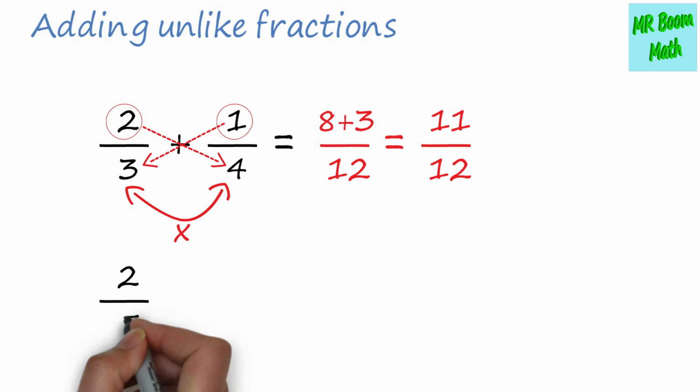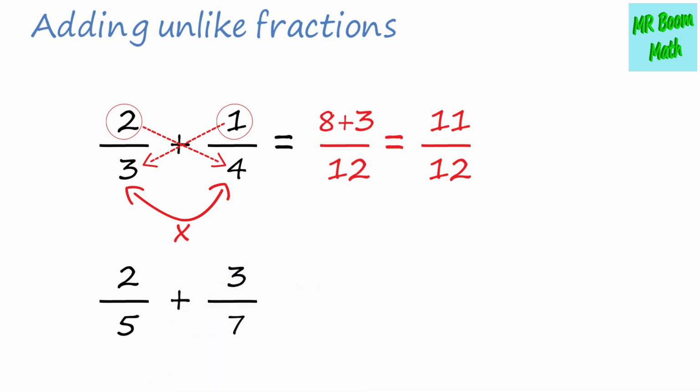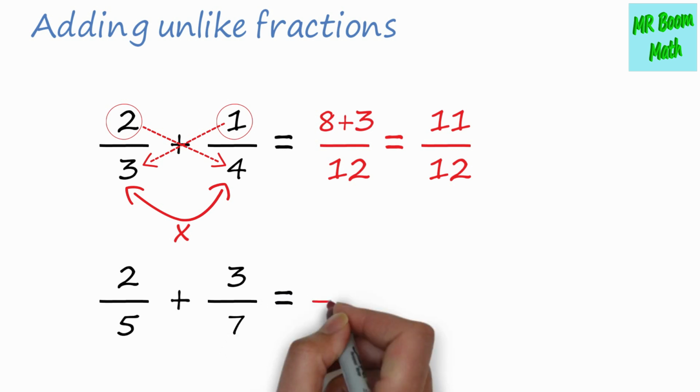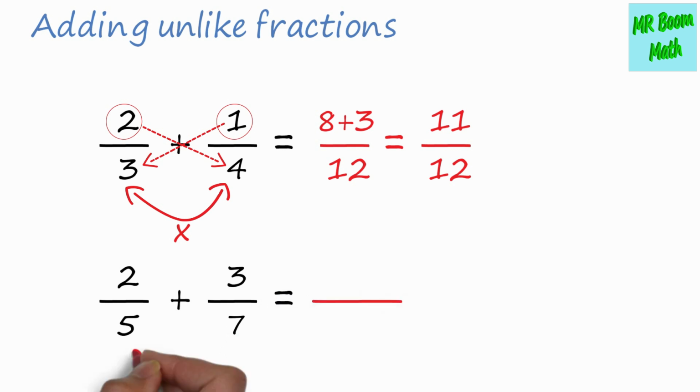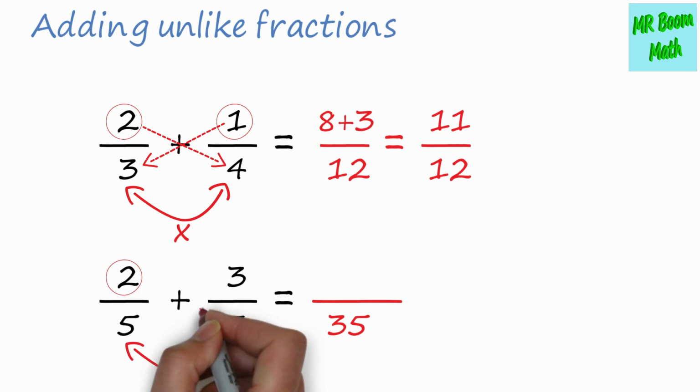Second example, 2 over 5 plus 3 over 7. Notice the bottom numbers are different. So the first thing we will do is multiply the bottom, 5 times 7. That gives you 35. Multiply the diagonal, 2 times 7. That's 14.